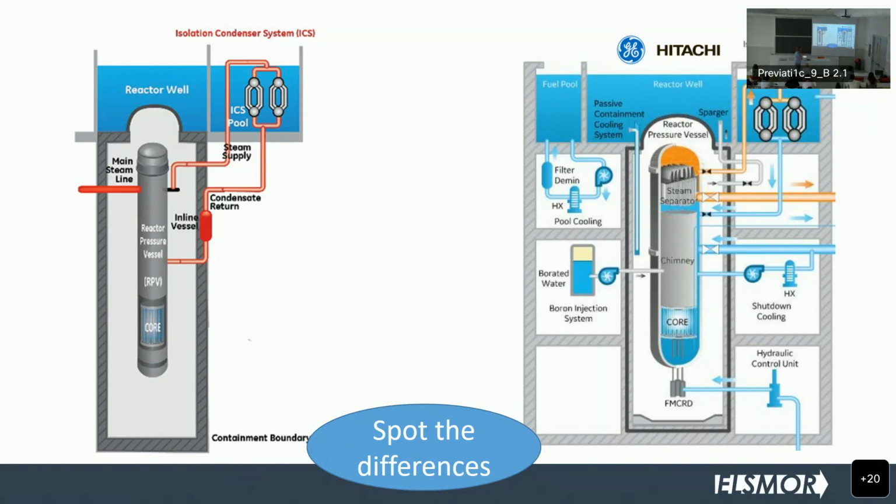Basically, just in case the normal system for operation fails, we don't want to go into a real accident. We need a system that ensures that this off-normal situation does not progress into an accident. But then we just use the boron.